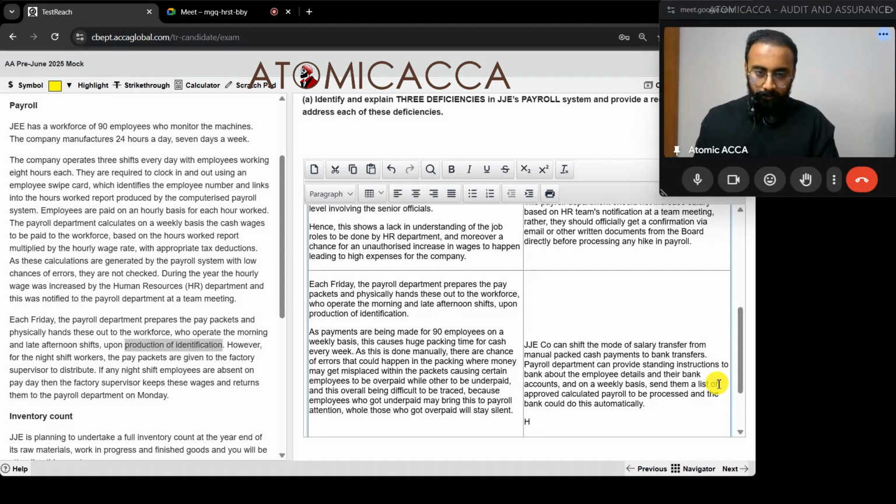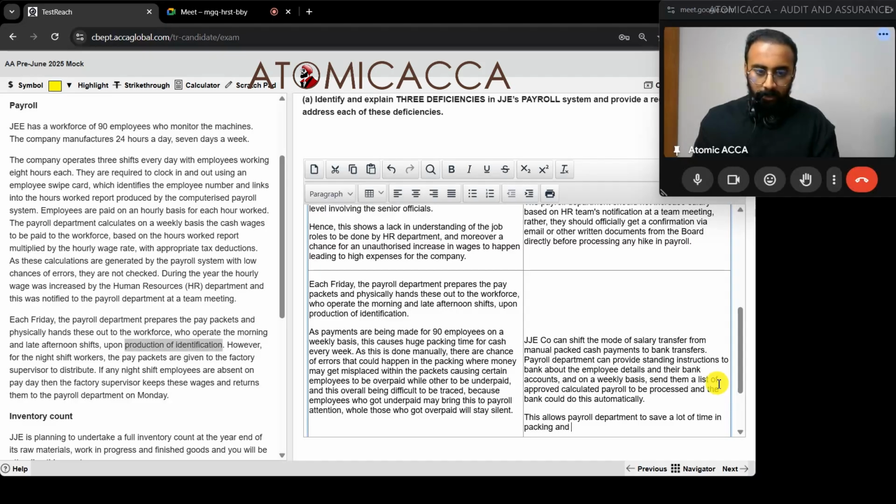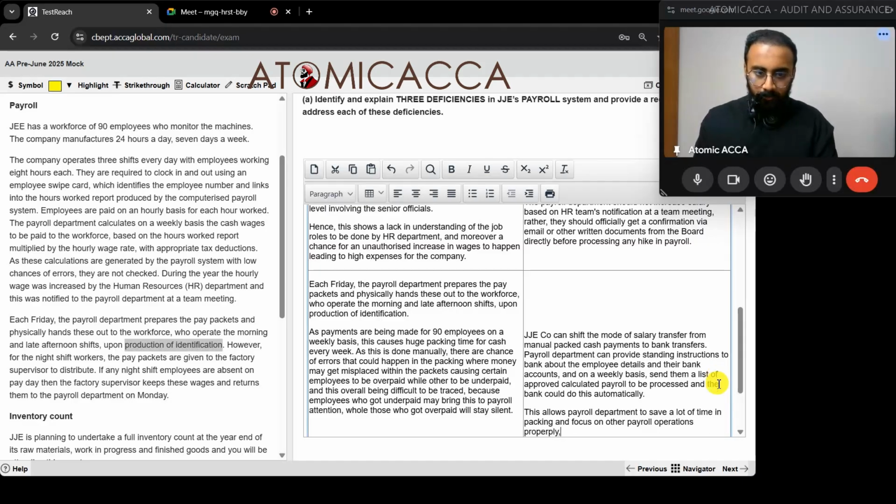This allows the payroll department to save a lot of time in packing and focus on other payroll operations properly.